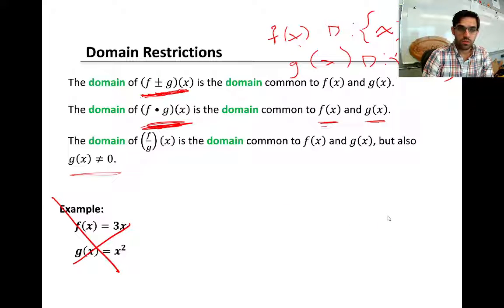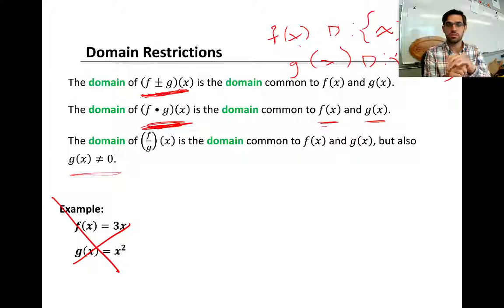Talking about domain, if I'm adding, subtracting, or multiplying two functions, the domain of that new function, whatever operation we're doing, is going to be the overlap of the domains of f and g.